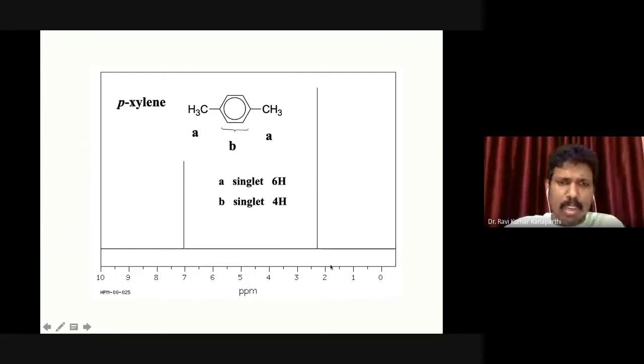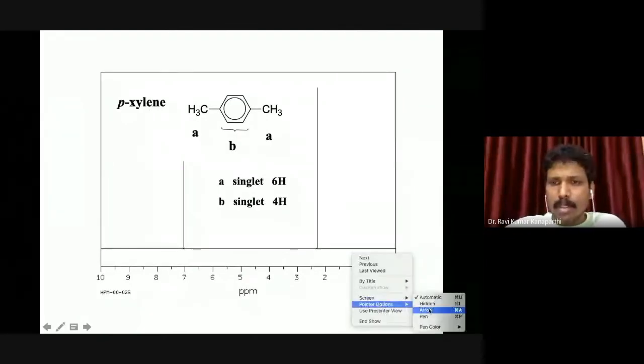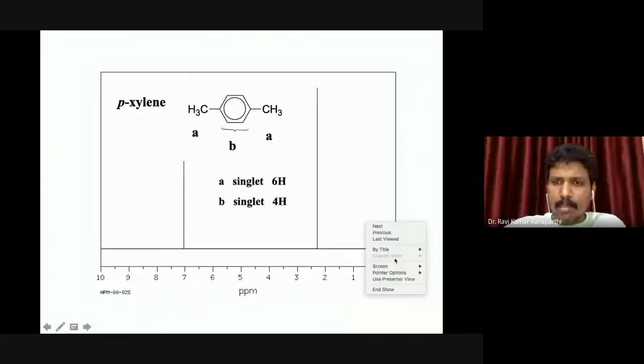These are all simulated. Unless I state the exact data, in most cases it is a simulated one. We can also see that usually the methyl proton will be seen only in this area, but here it is peculiar behavior.